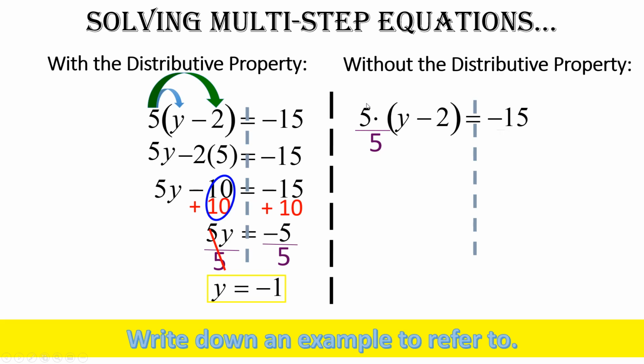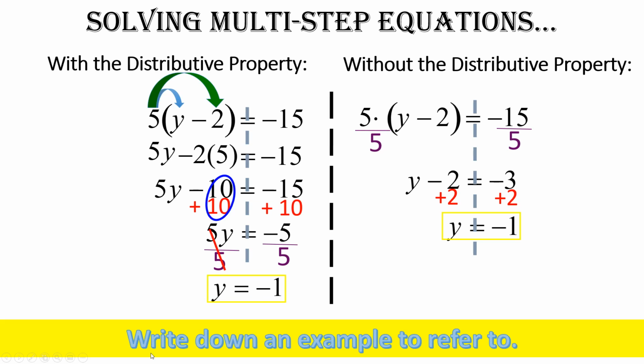And we have to keep this balanced, so we have to do the same thing to both sides. So 5 divided by 5 will become 1. Therefore, the parentheses are no longer needed. So we just have what's inside here, y minus 2, and negative 15 divided by 5 is negative 3. So now we just have a one-step equation where we would add 2 to both sides, and y will obviously equal the same thing because it's the same equation just being solved a different way.